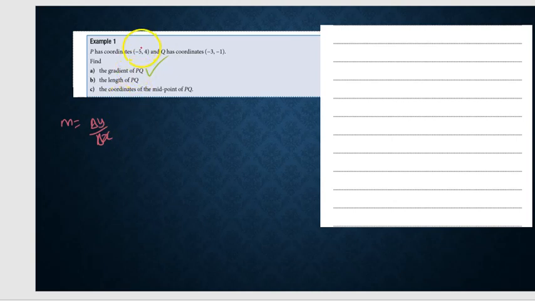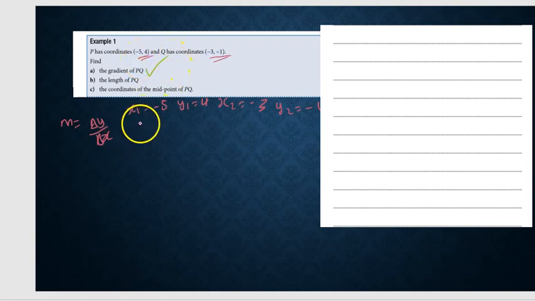So we have our x values and our y values. You can decide to write them down. Our x1 in this case is -5, and our y1 is +4. x2 is -3, and our y2 is -1, just like we can see them here.